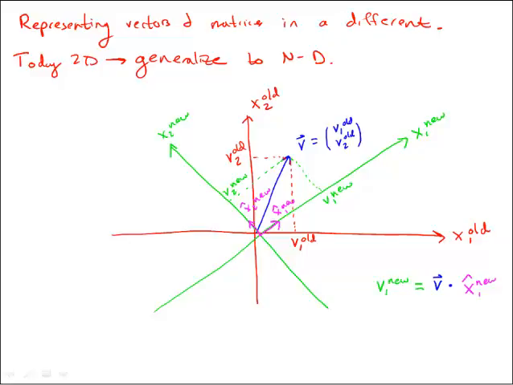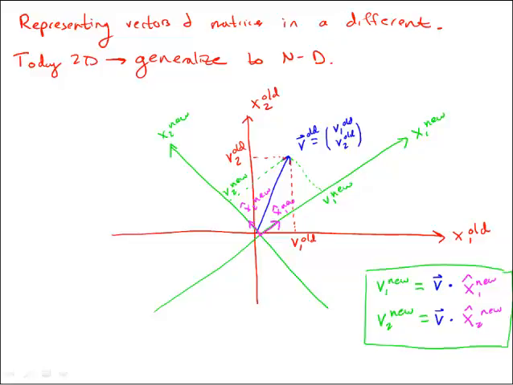It's important that x1 new hat is a unit vector so that v1 new isn't scaled by an unnecessary amount. And likewise, v2 new equals v dot, can you guess? That's right, x2 new hat.